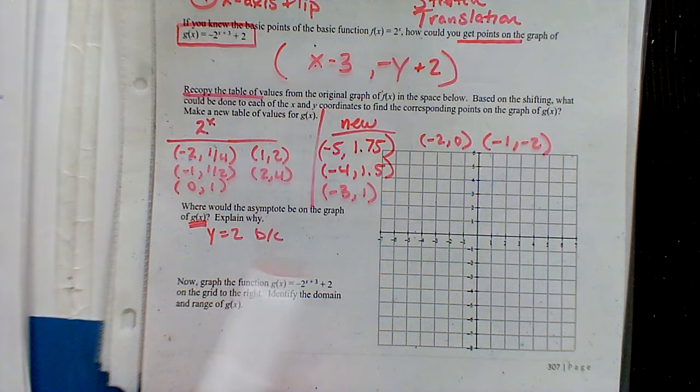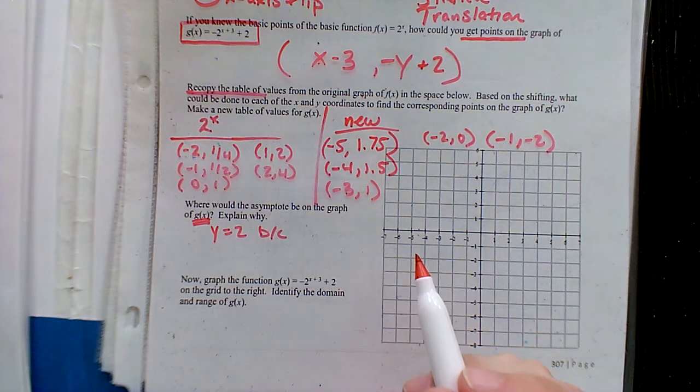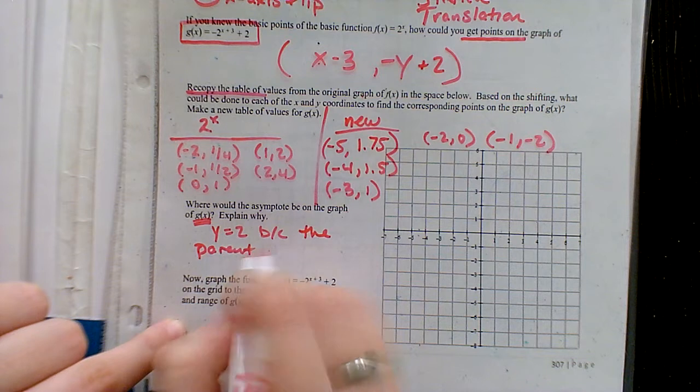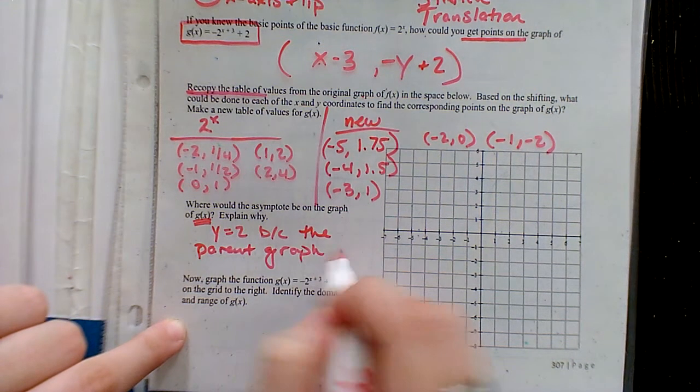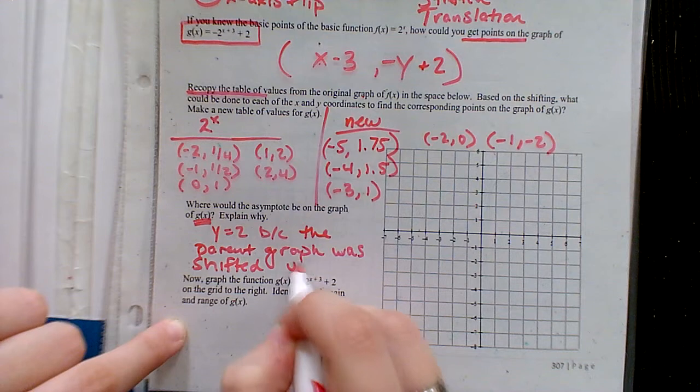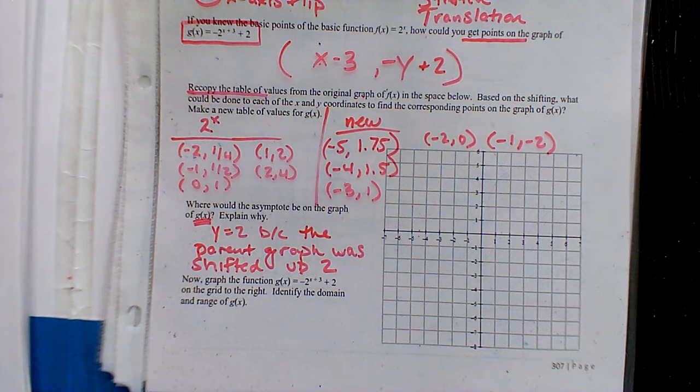So y equals 2, because the parent graph was shifted up 2 units. That's what the plus 2 on the end is actually doing to the graph.